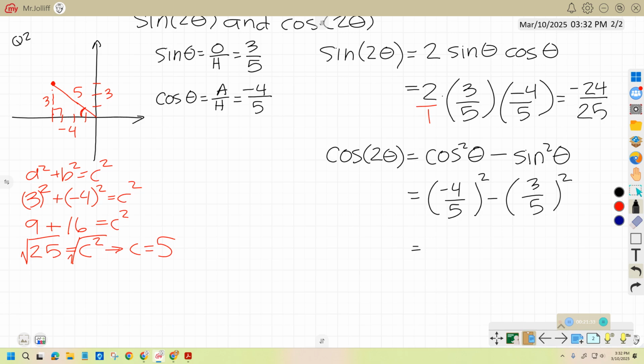A reminder that when we square fractions, we square everything in the fraction, numerator and denominator. So negative 4 times negative 4 is 16. 5 times 5 is 25. And then minus 3 squared is 9. 5 squared is 25.